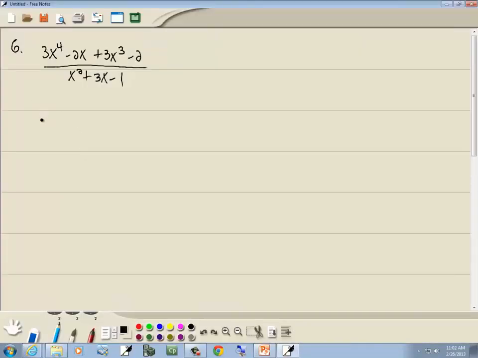So let's set in our form. So we got x squared plus 3x minus 1. And then we're going to have 3x to the fourth minus 2x plus 3x to the third minus 2. Now, in order to do the long division, these must be in standard form.